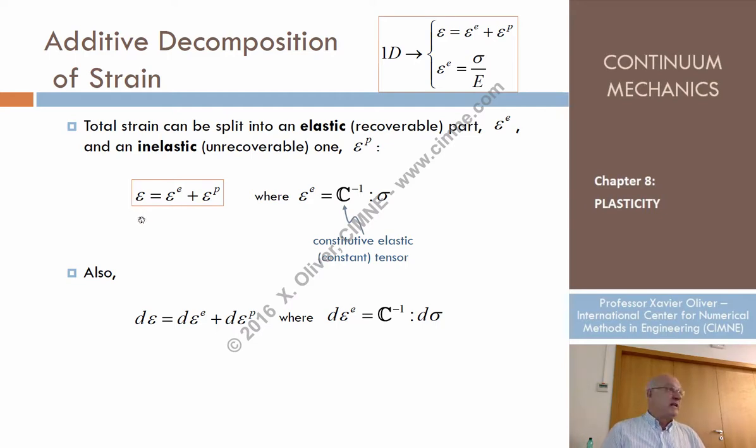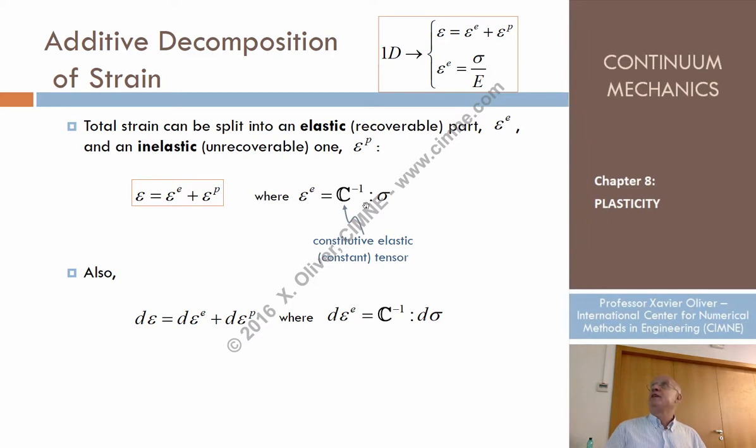The 6 different components of the strain in 3D are decomposed in one tensor, which is the elastic strain tensor, and another tensor, which is the plastic strain tensor. How is the elastic strain tensor defined? The equivalent to that in 3D. The elastic strains are the inverse constitutive equation, C minus 1 times sigma.